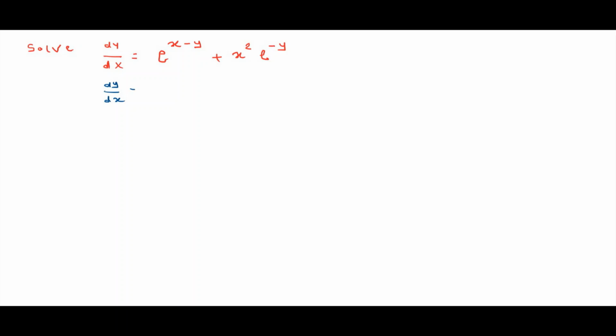divided by dx is equal to, so this above equation we can also write it as e raised to x into e raised to minus y plus x square into e raised to minus y. Now you can take this e raised to minus y and e raised to minus y common.